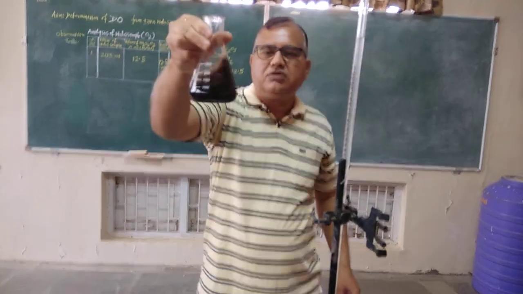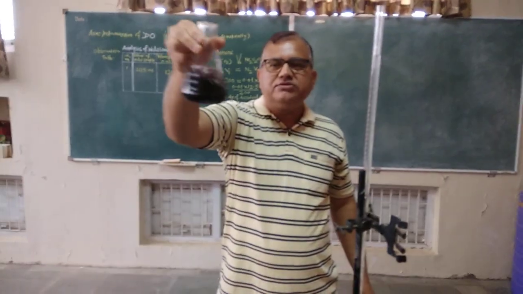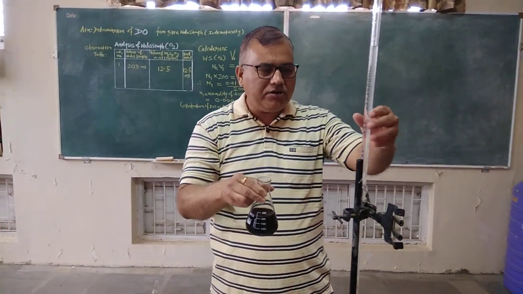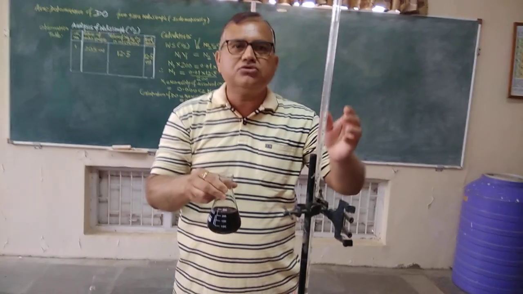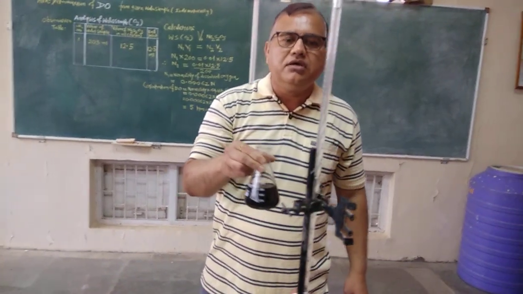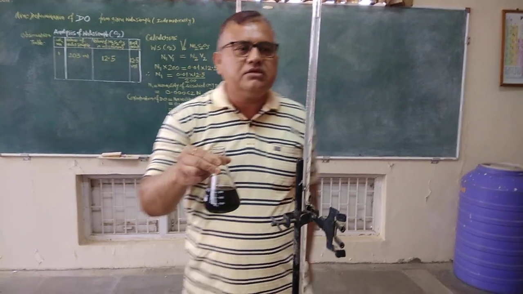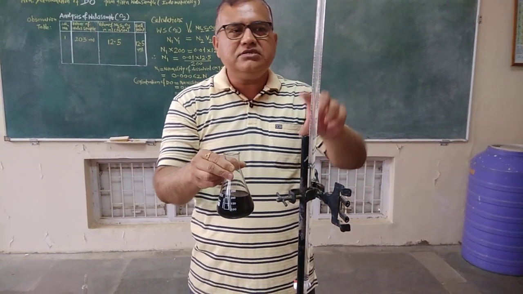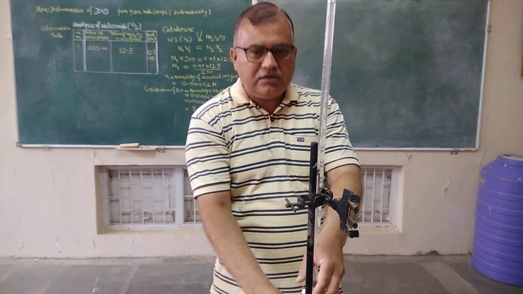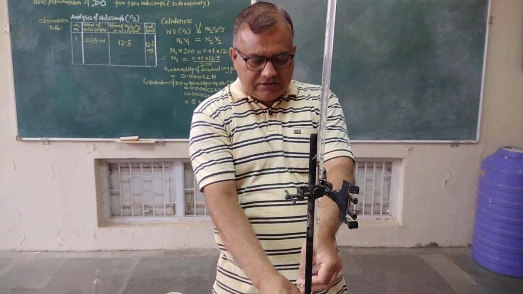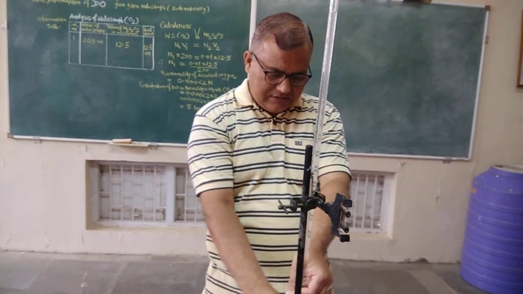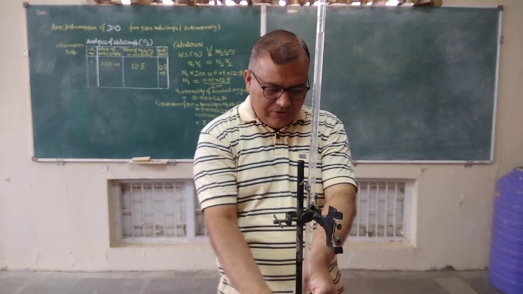See, this is the blue color I2 starch complex, and now slowly, drop by drop, because there is no scope to take a second reading, you take precaution and add this Na2S2O3 solution dropwise to this solution and titrate it till the color changes from blue to colorless. Blue to colorless.